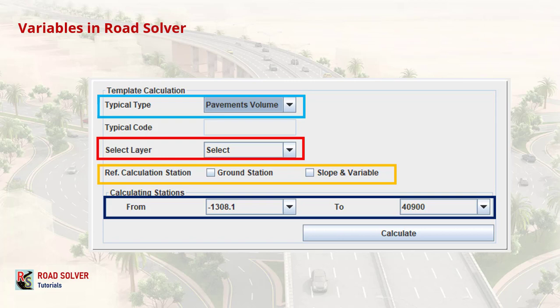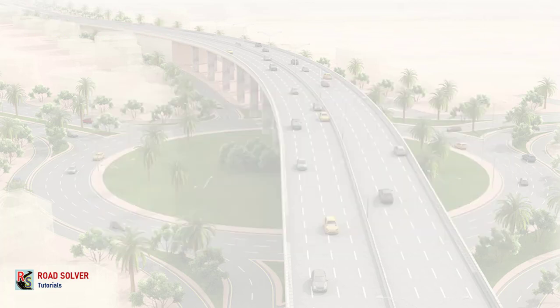To save paper, if you choose the slope and variable selection at the time of printing, only the locations where the slope and variable change are printed in the output. So you can calculate those points also, the payment levels.